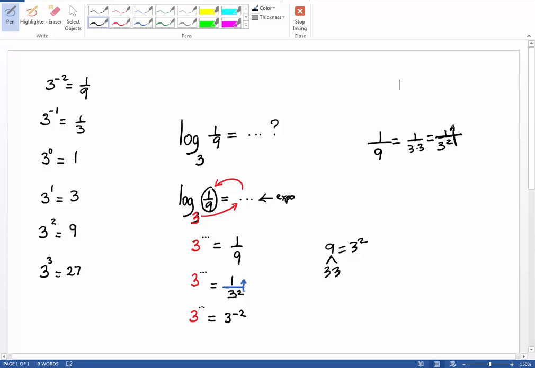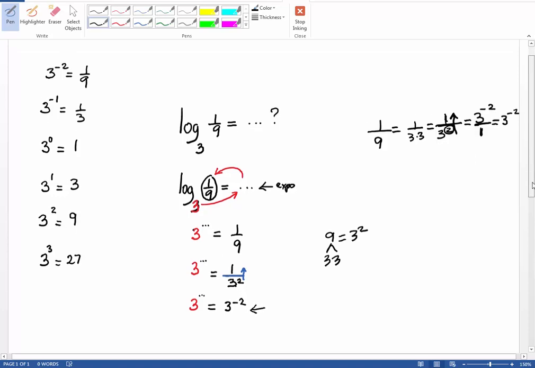Anytime you have something in a fraction, you can always move that quantity up or down the fraction bar, provided you change the sign of the exponent to its opposite. So it will show up as 3 raised to the power -2, and that's in a numerator position if you wanted to emphasize it by showing it's over 1. But you really can just call it 3 to the -2.